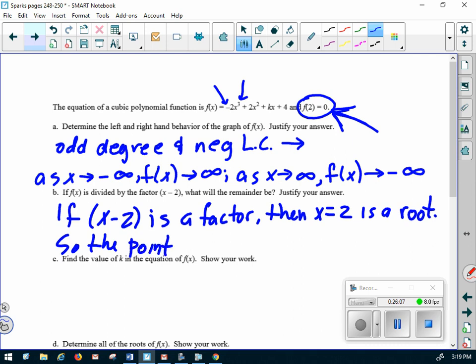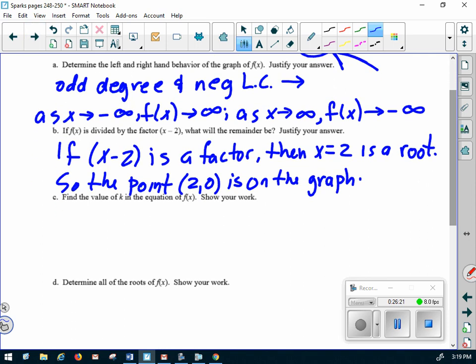So the point (2, 0) is on the graph. Now, I'm gonna talk way too much here, and I know that. The point (2, 0) is on the graph.